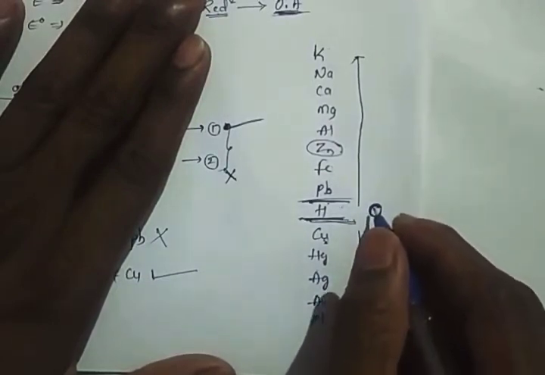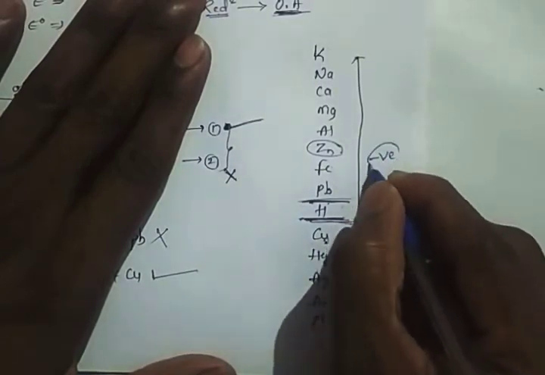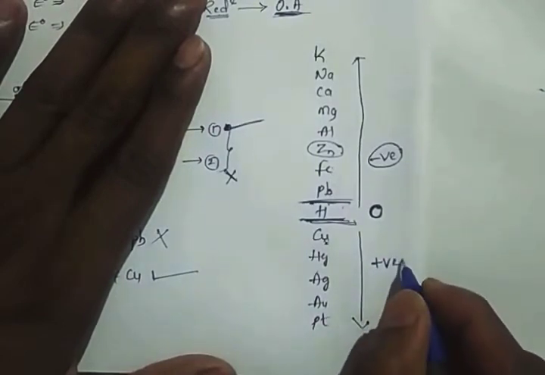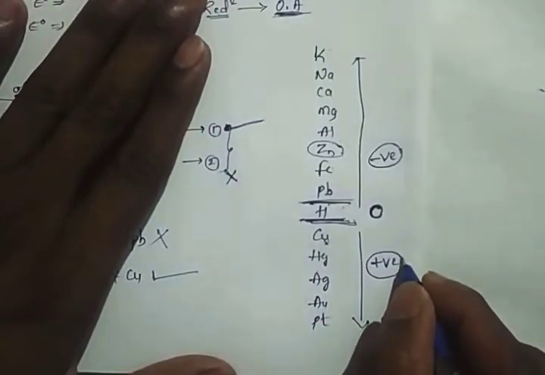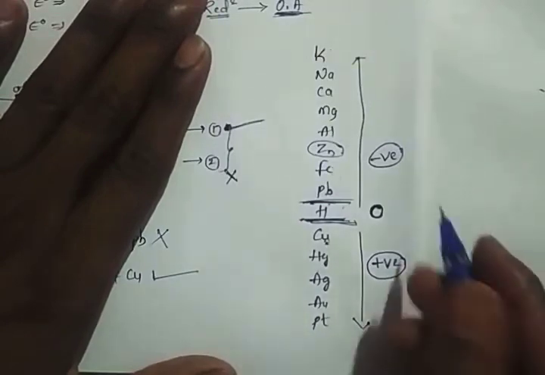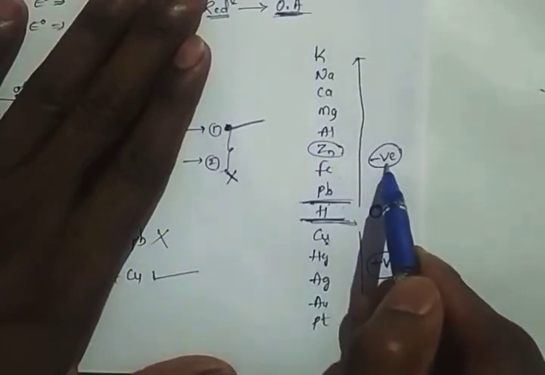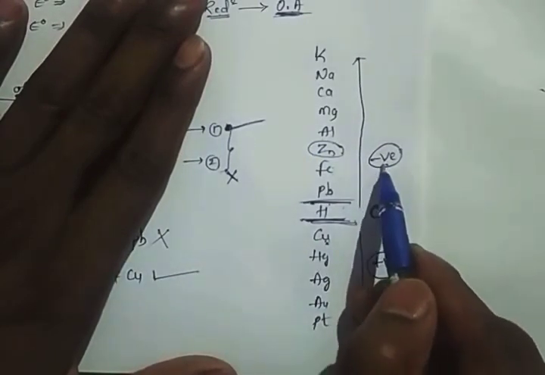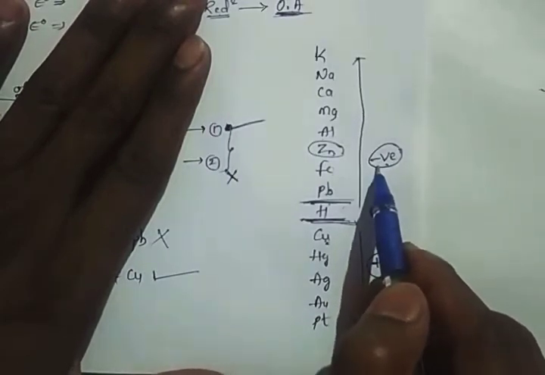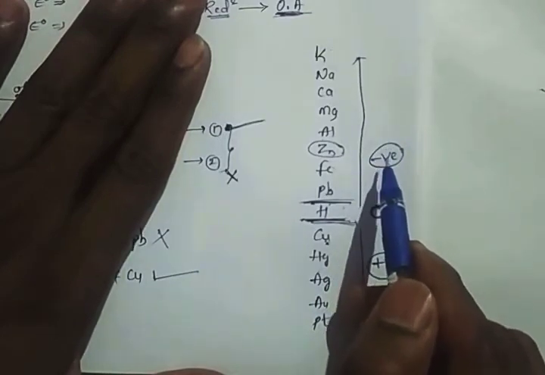Above hydrogen, the electrode potential values are minus, whereas for the elements below it, the reduction potential value is plus. In a simple way, we can predict: electrode potential is nothing but the word restricted to reduction potential only.